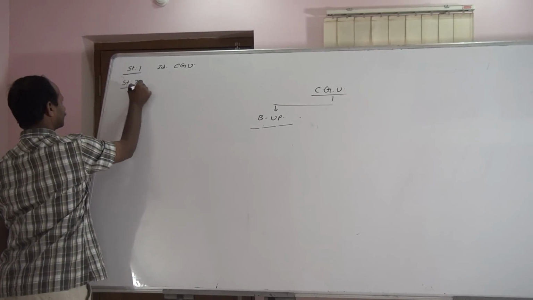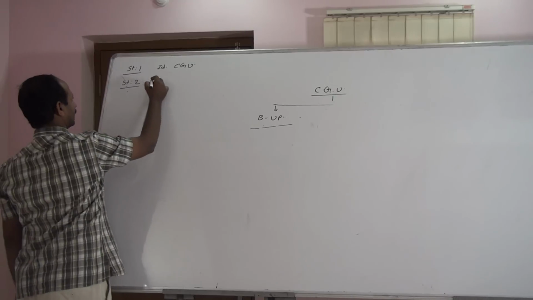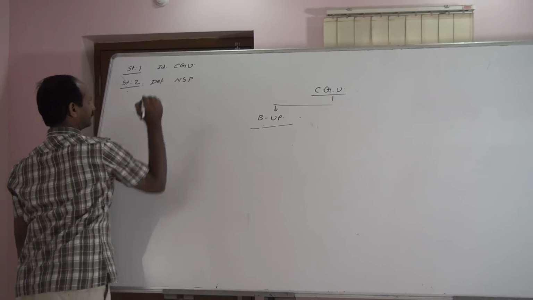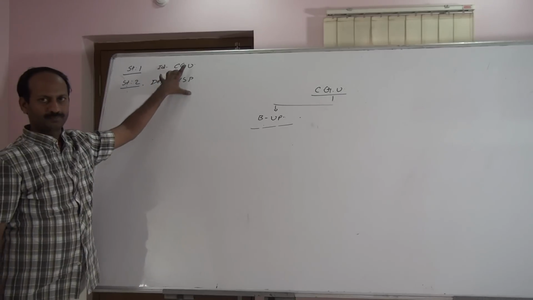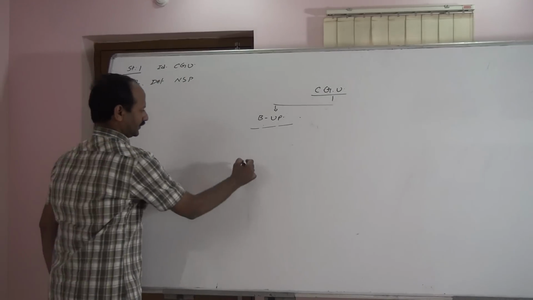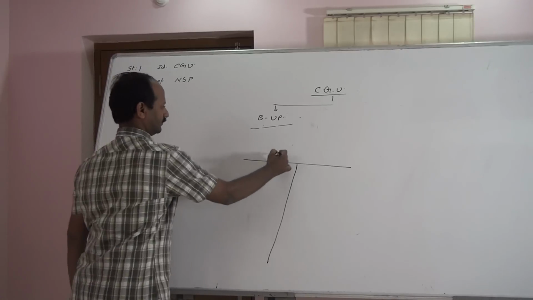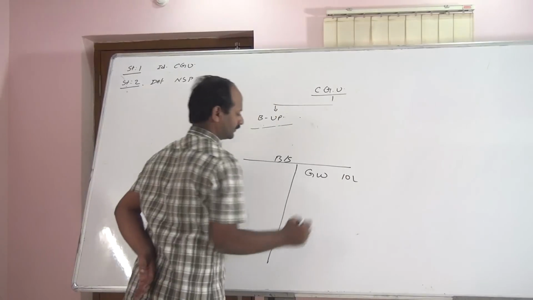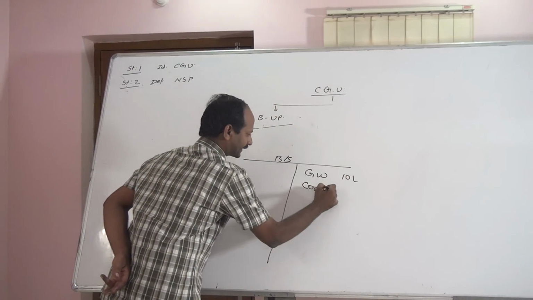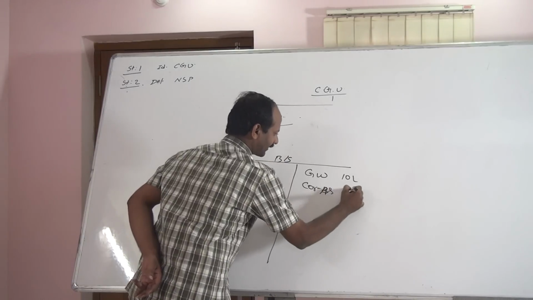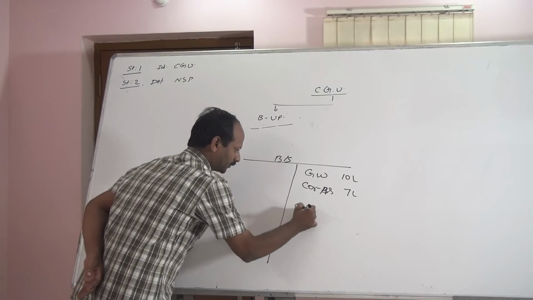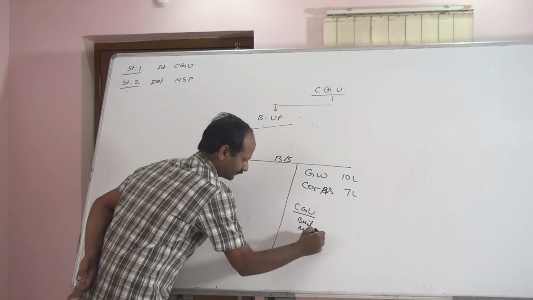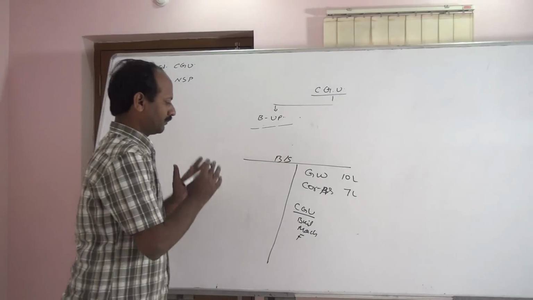Step 2, determine the net sale price of this CGU. As I already told you, in our balance sheet we have goodwill, say 10 lakh, and corporate assets like building etc., 7 lakh. CGU1 means building, machinery, furniture, whatever it may be.